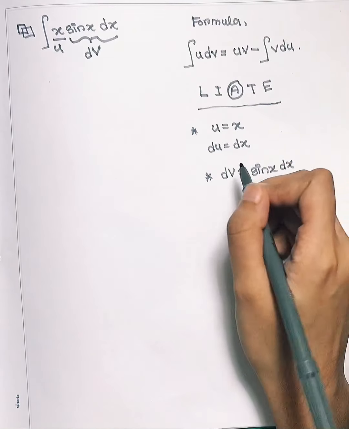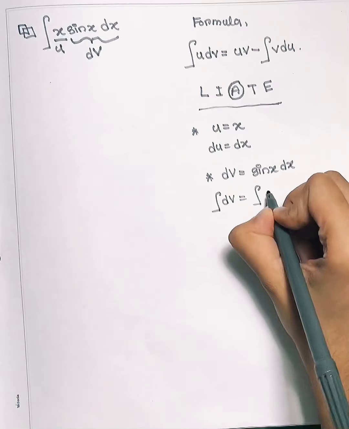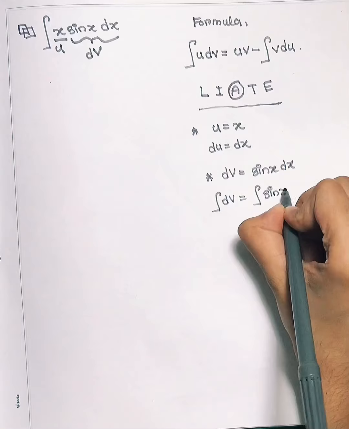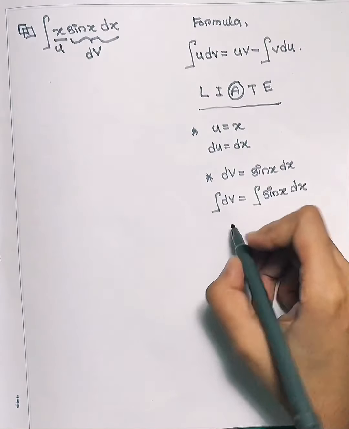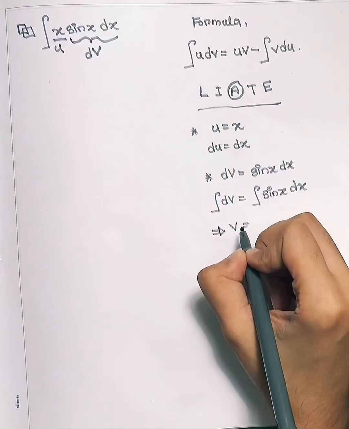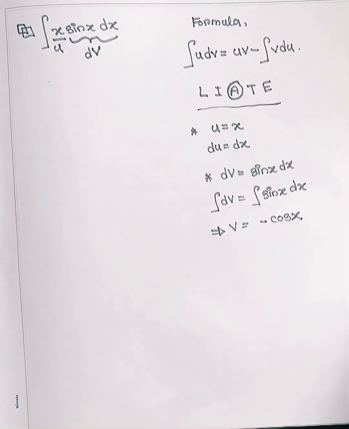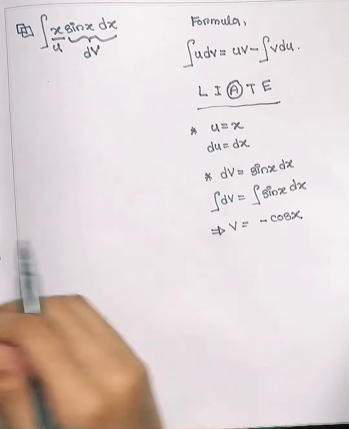To find my v, I will have to integrate my dv, and if I integrate sine x dx, I will get my v, which is negative cos x.